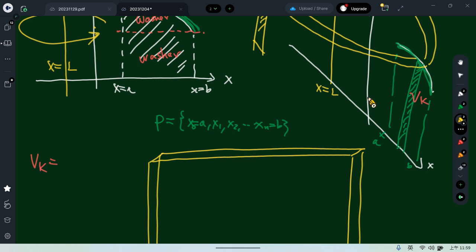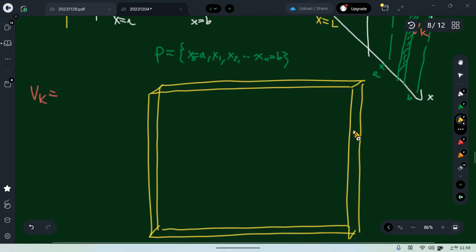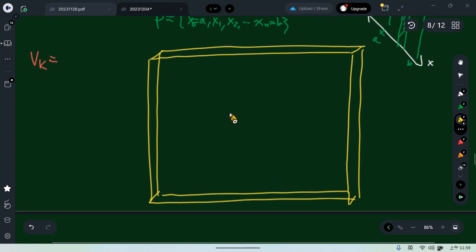When I use scissors, cut it, then roll it out, we get this one. It will be almost like a solid, and you can regard it as a rectangle. So for this one, it's like a cube.